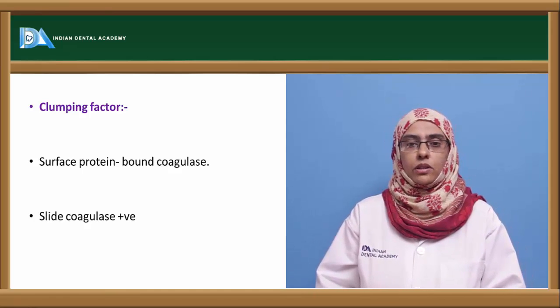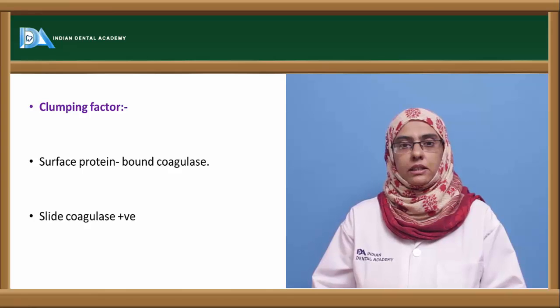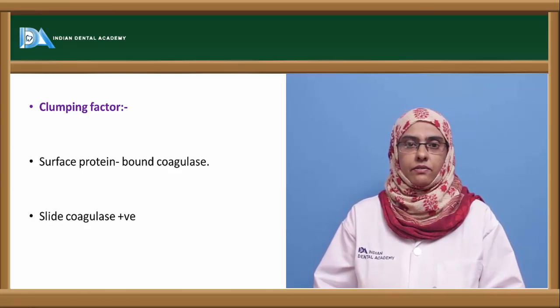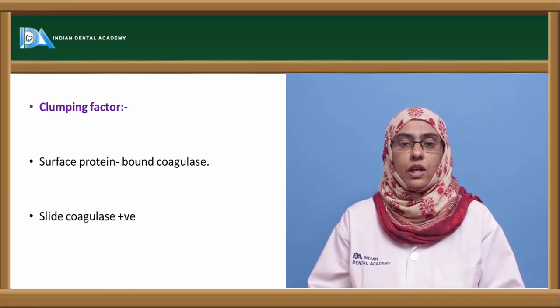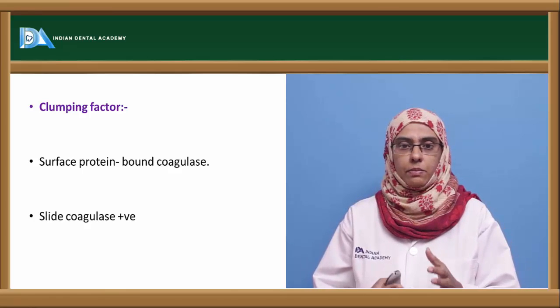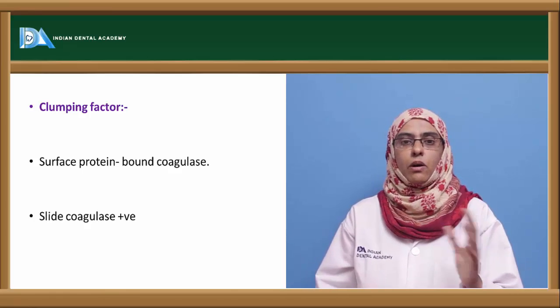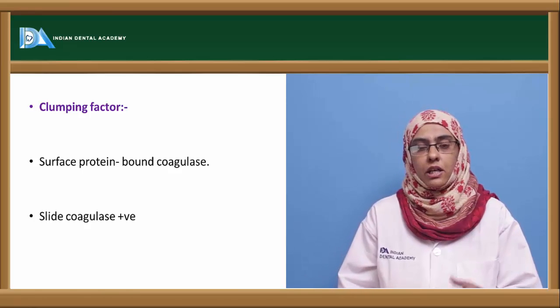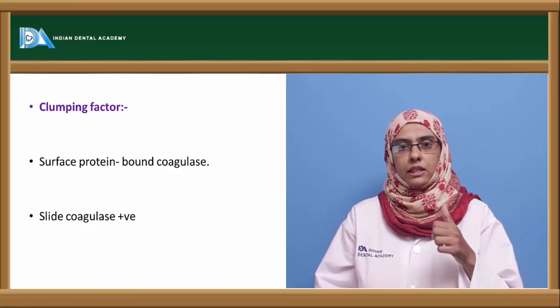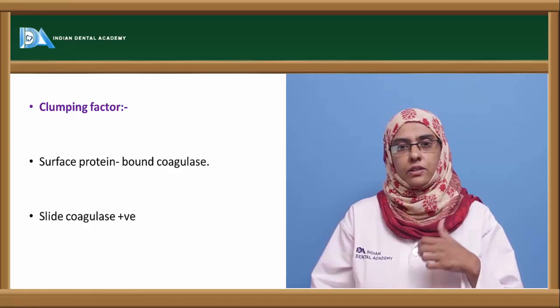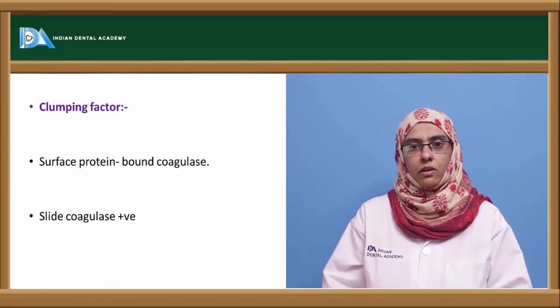Next important factor is the clumping factor. It is a bound coagulase. The organism's characteristic feature is that it is coagulase positive. So the coagulase is usually present in the organism in two forms. One is a bound coagulase, the other one is a free coagulase. So this bound coagulase is the one that is helpful for us to identify the organism in a slide coagulase test.